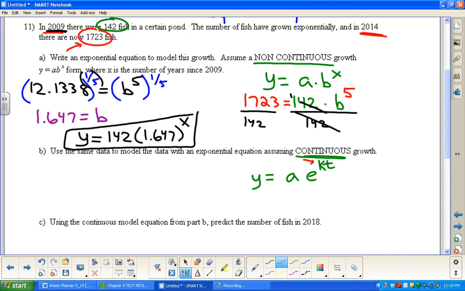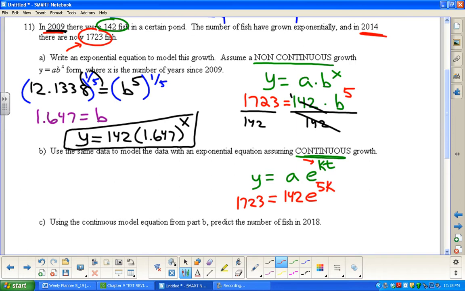The y value is still the ending 1723. We still started with the 142 for a. Again, e is around 2.718. It's that decimal that we talked about before. k is the thing we don't know, but we know t here. t is just like x. It was 5 years. So k times t, I'm just going to write the 5 first, is 5 times k, because again, it's 5 years.